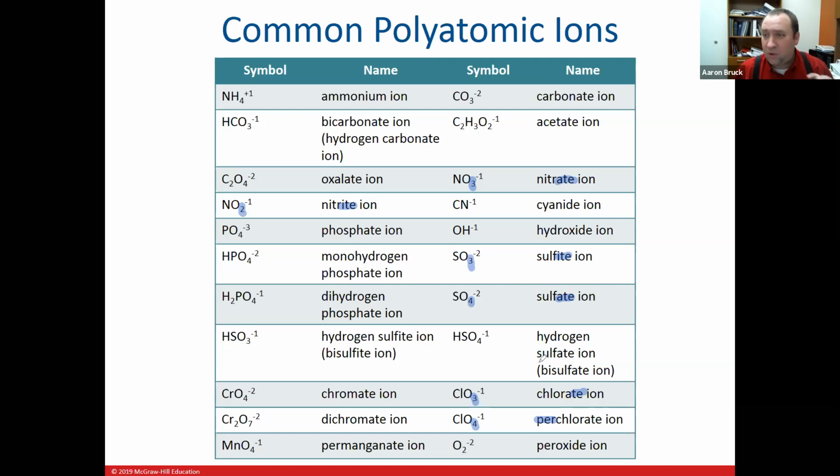And that's really the beauty of this, because the system is so consistent that you really only need to memorize one of the ions out of the system, and you'll know all of the other ones just by knowing the rules.